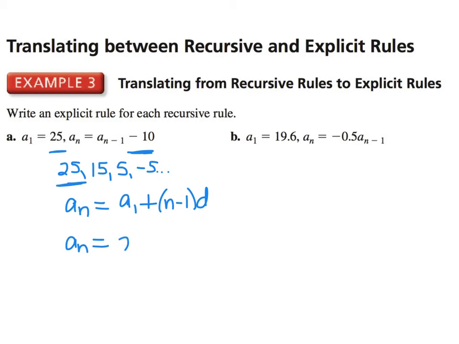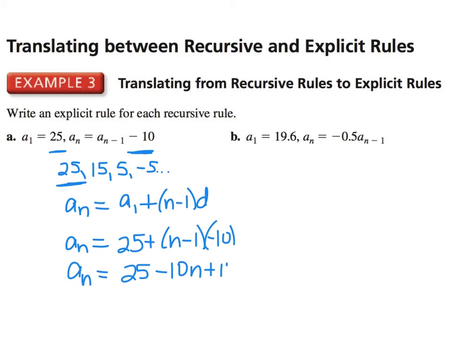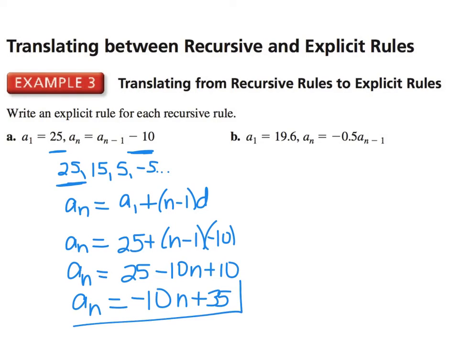Well, it's 25. Our common difference is negative 10. So now we just simplify. If I distribute the negative 10, and I combine like terms and simplify, there's my function, my equation. A sub n equals negative 10n plus 35.